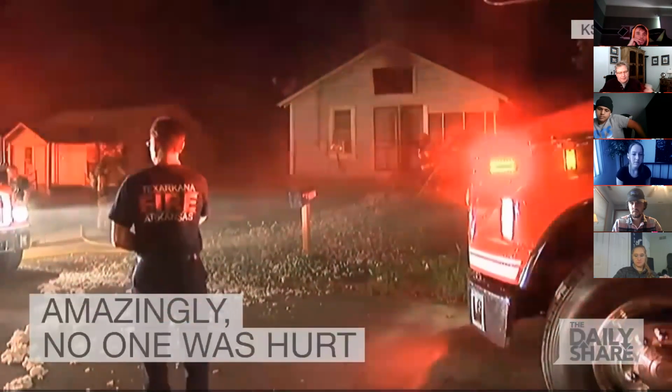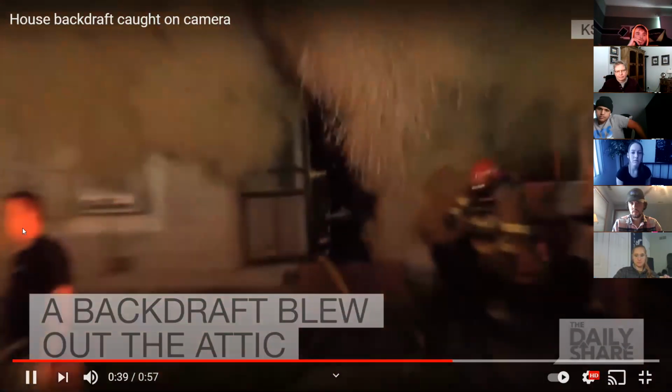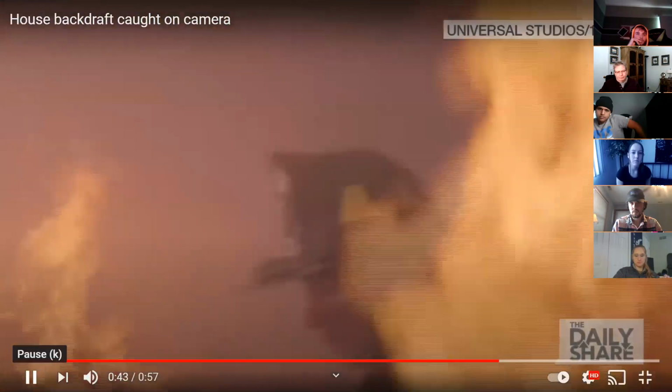A backdraft is caused from some type of combustible burn in the house and depletes the oxygen inside the structure. But because you've removed the oxygen, they can't burn. So once you introduce the oxygen back to it, it explodes out in a violent eruption.